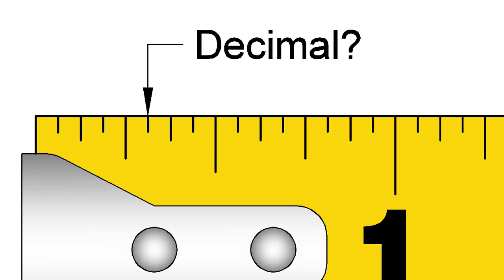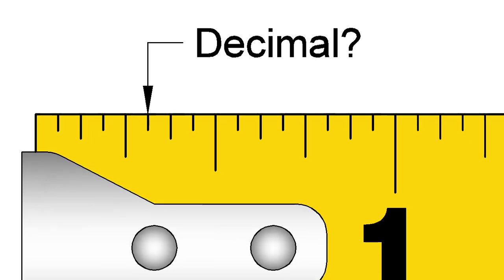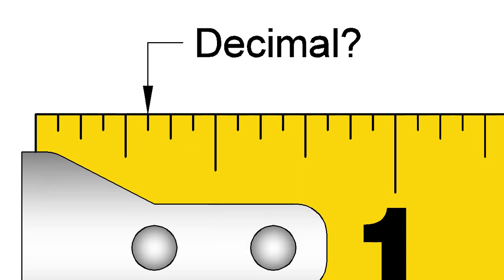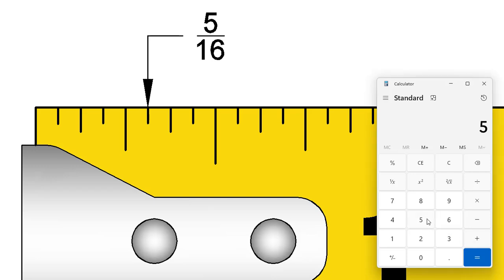Now you can try some examples of both methods. First of all, what is the decimal equivalent of this fraction? Take a few minutes to figure it out. Pause the video and have a look. The fraction is 5/16. 5 divided by 16 is 0.3125.